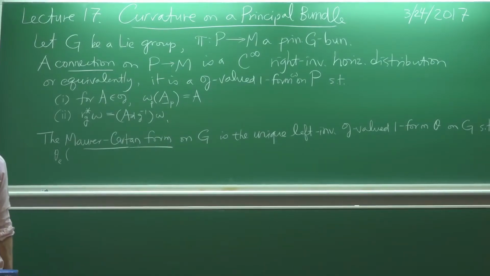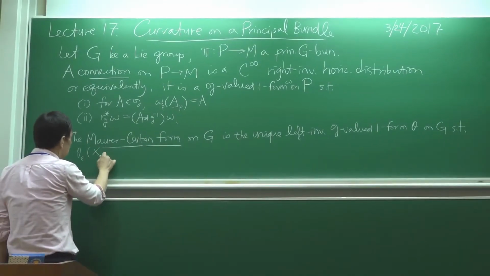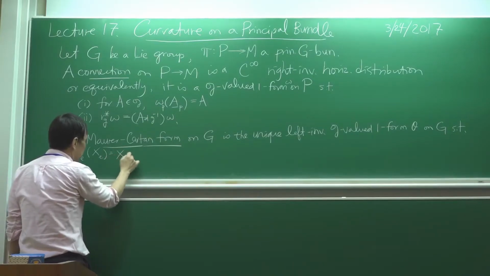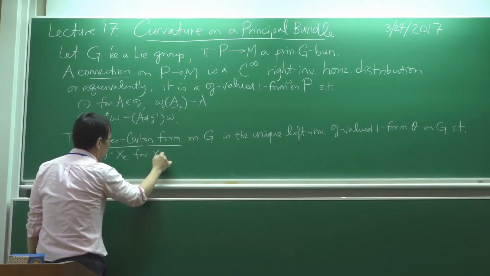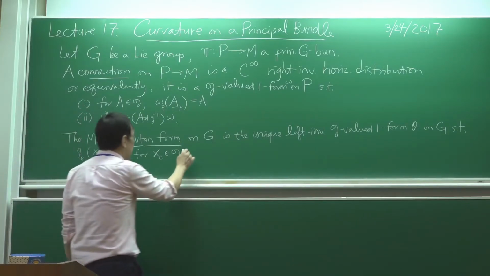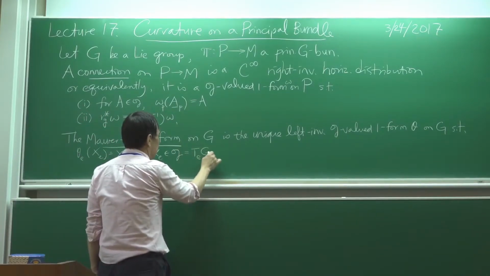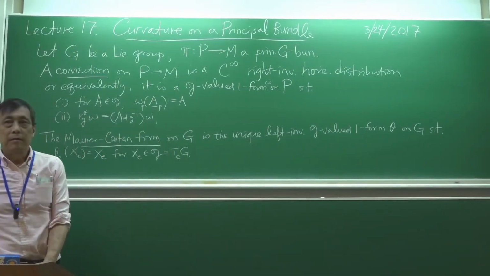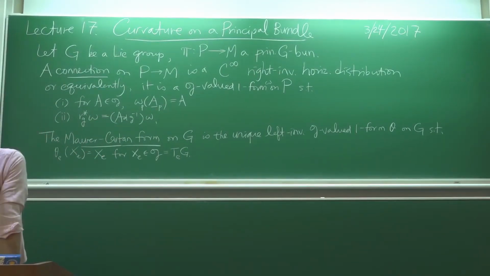So theta_e of X_e is X_e for X_e in the Lie algebra, which is the tangent space at the identity. Okay? So there is a unique g-valued 1-form on G.